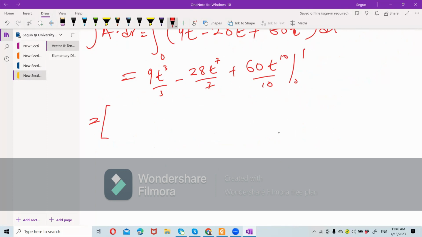So it's going to be 3 in bracket 1 raised to power 3 minus 28 over 7 in bracket 1 raised to power 7 plus 6 in bracket 1 raised to power 10.